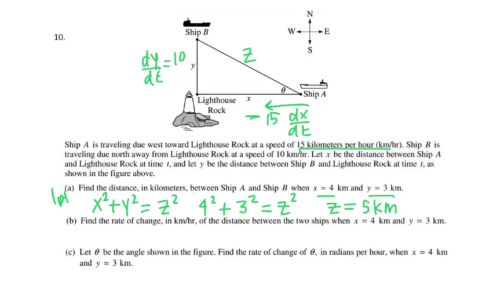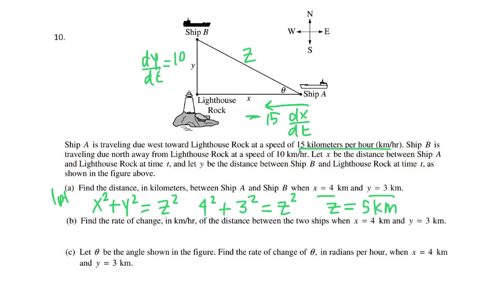Now for part B, they want the rate of change in kilometers per hour of the distance between the two ships when x is 4 and y is 3. So here we need to find the derivative and plug in. To ensure that you get your full points, I would make sure to show the 2's here and then go back and delete them out. That way they know you found the derivative correctly.